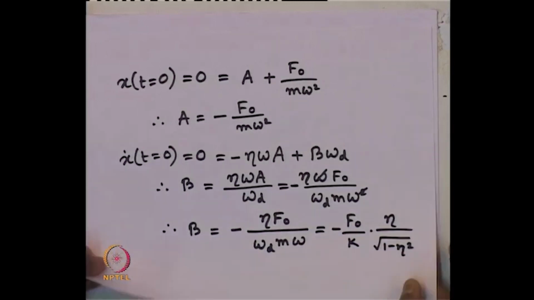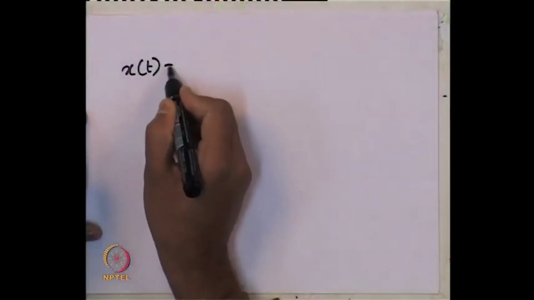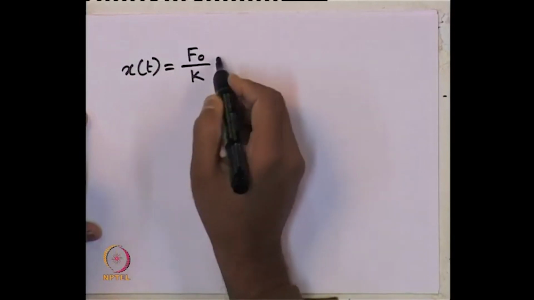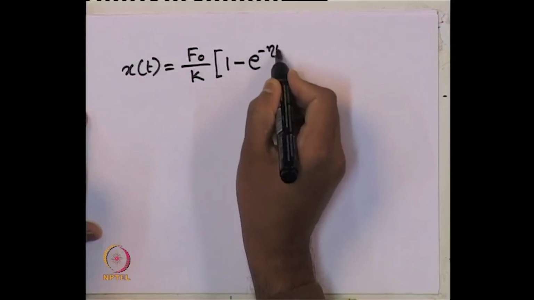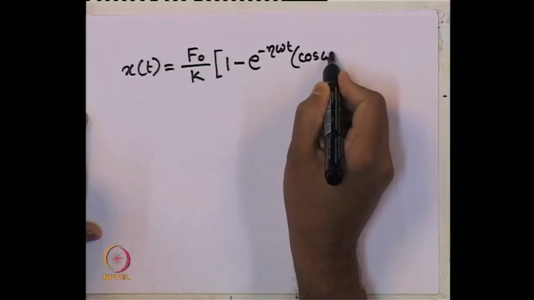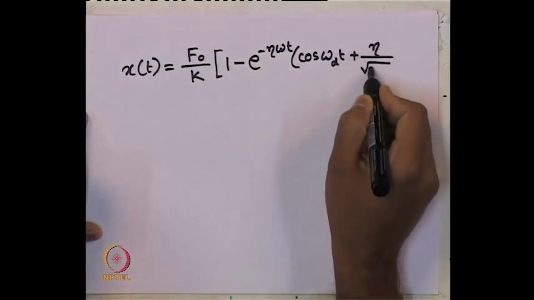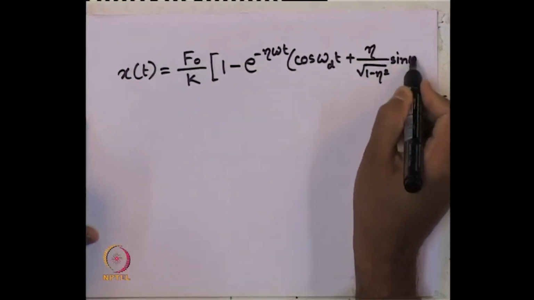So, this is the expression for B and this is the expression for A. So, we get the complete solution now as x of t equals f naught by k times 1 minus e to the power minus eta omega t, cosine of omega d t plus eta by root over 1 minus eta square sine of omega d t.